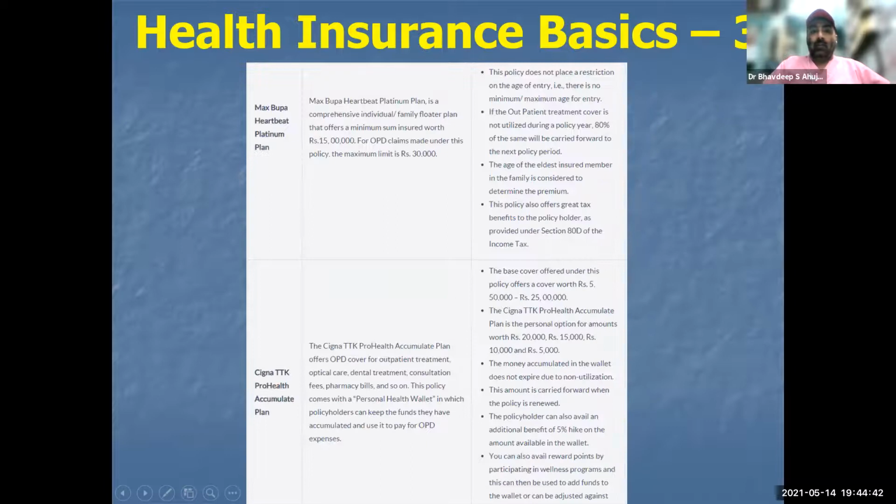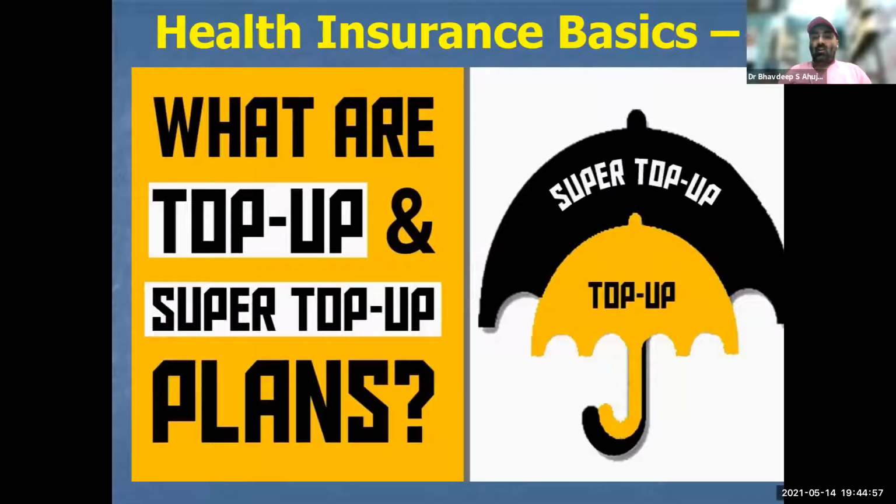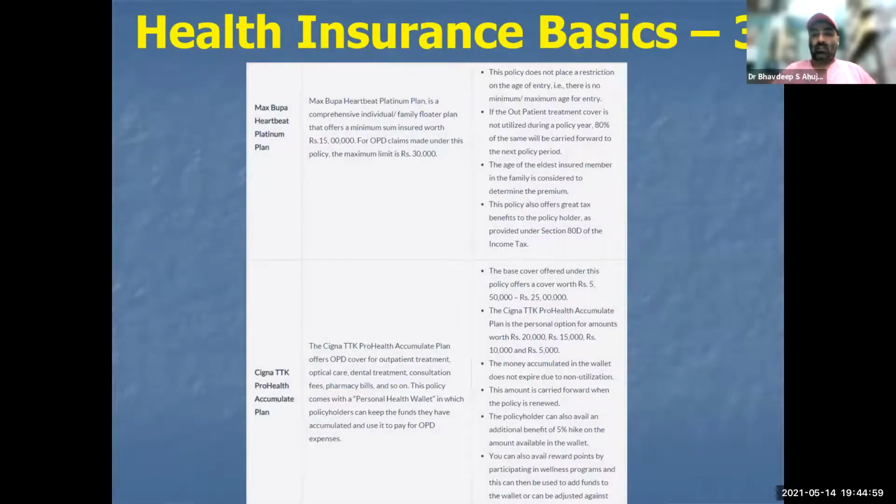Then Max Bupa Heartbeat Platinum Plan. This is also covering OPD insurance to a smaller percentage. Then Cigna TTK Pro Health Accumulate Plan. So this is the list of the OPD insurance plans that those companies are offering. These are the most common 4, but yes, there are many others as well.